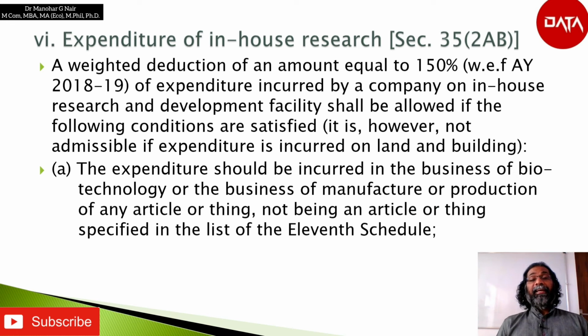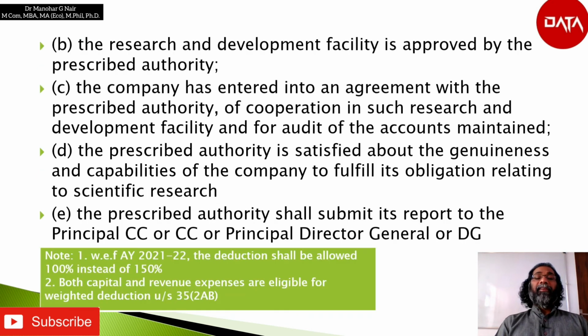Point 1 says the expenditure should be incurred in the business of biotechnology or the business of manufacture or production of any article or thing, not being an article or thing specified in the list of the 11th Schedule. The research and development facility is approved by the prescribed authority. The company has entered into an agreement with the prescribed authority for cooperation in such research and development facility and for audit of the accounts maintained.